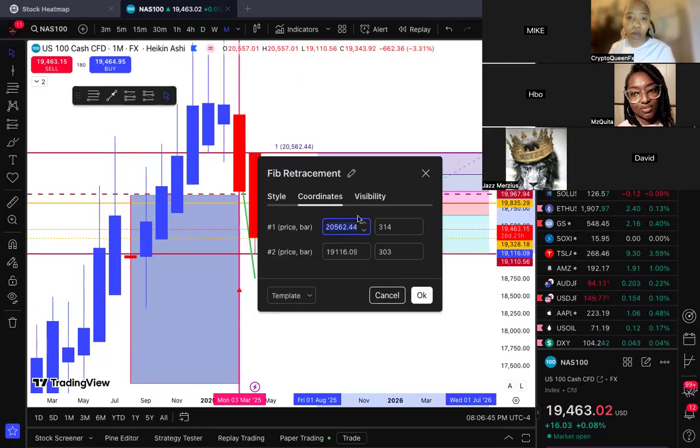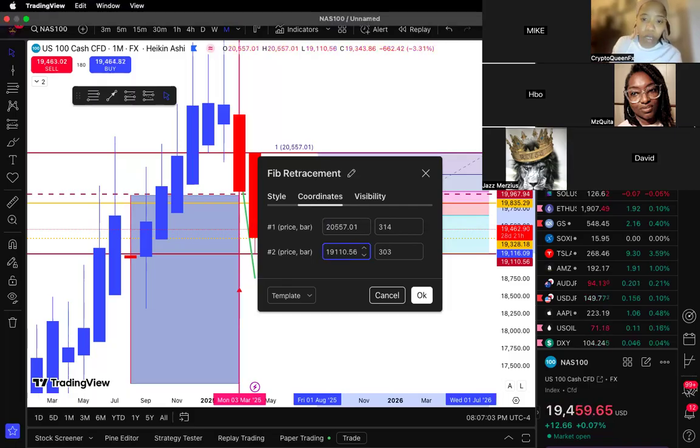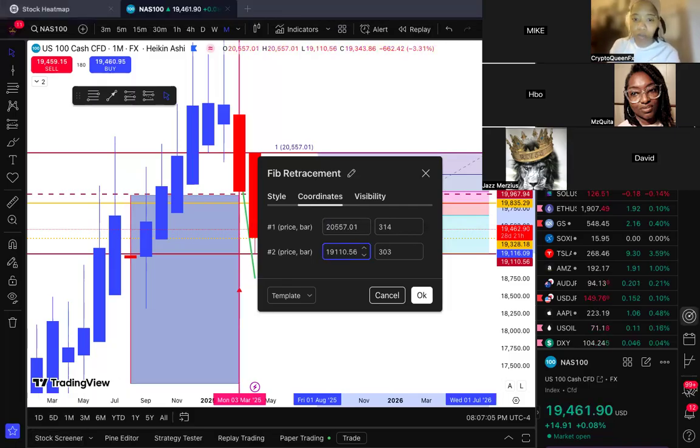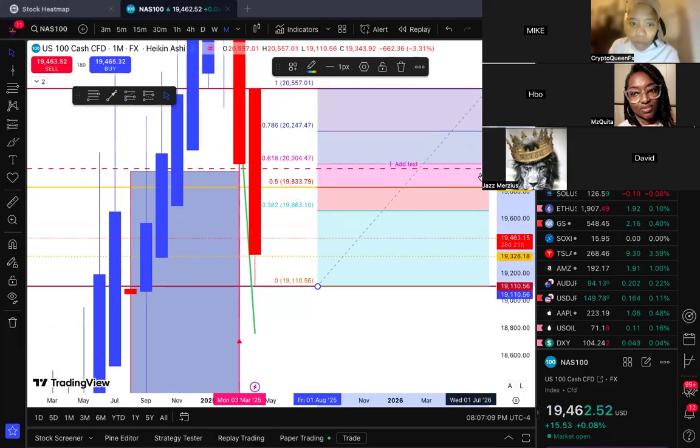Point five: 20,557.01 and 19,110.56. And that mid is 19,833.79.